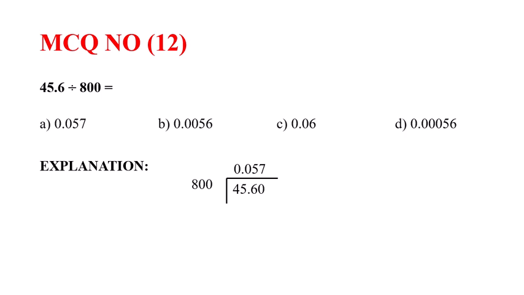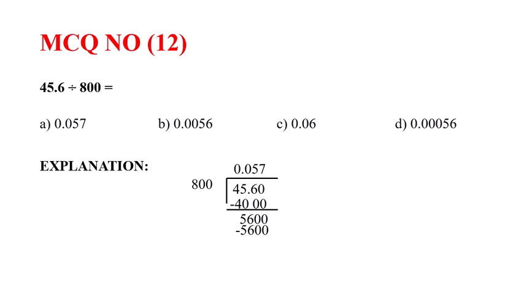44.6 divided with 8. First of all we move this point on right side, and after moving this point, we put 0.0 and multiply with 5 multiply with 8, we get 4000 and subtract this, we get 5600.